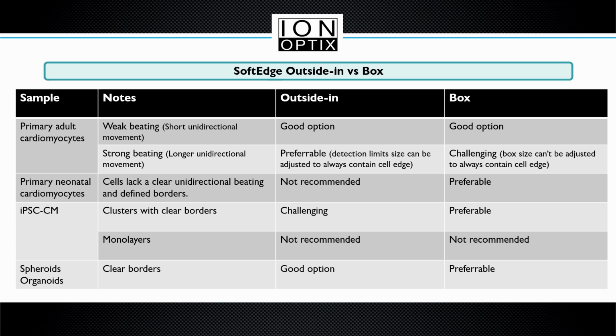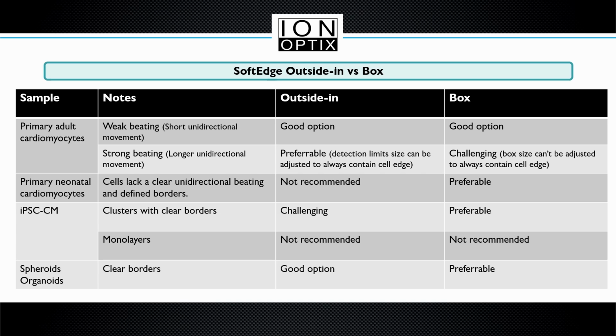If you are working with iPSC cardiomyocyte monolayers, neither the outside-in nor the box option is recommended. Instead, we suggest using CytoMotion module, which will be discussed further in the next section.